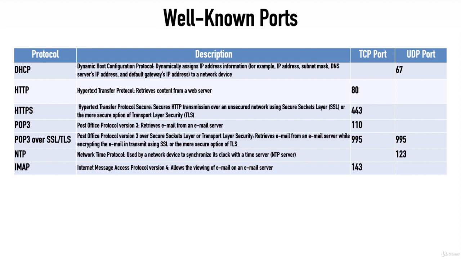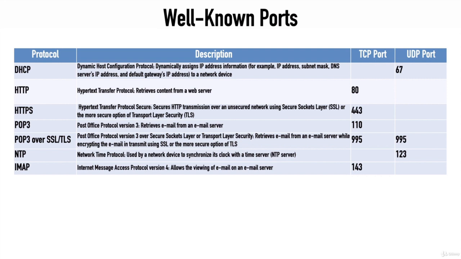Next, we have IMAP. This is the POP3 alternative that I mentioned. This allows us to view email on the mail server without removing that email. So essentially, we can have multiple identical instances of our inboxes on various devices. This uses TCP port 143.